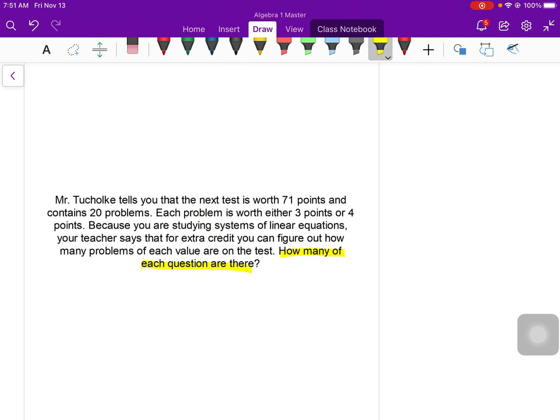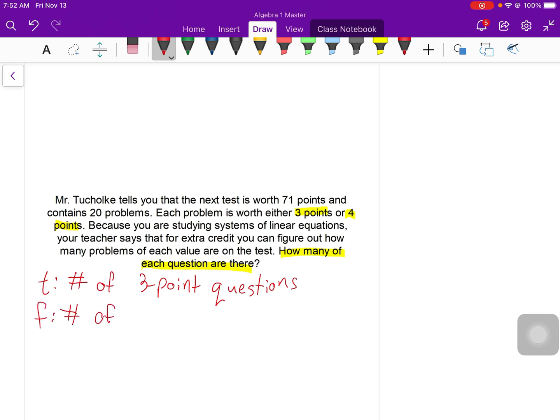So the question is how many of each question. Each question is talking about the 3-point and the 4-point questions. So I'm going to use T to represent the number of 3-point questions, and I'll use F for the number of 4-point questions. I didn't highlight this in the last question.